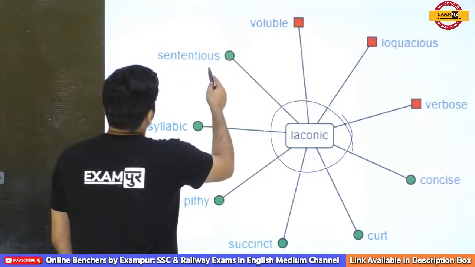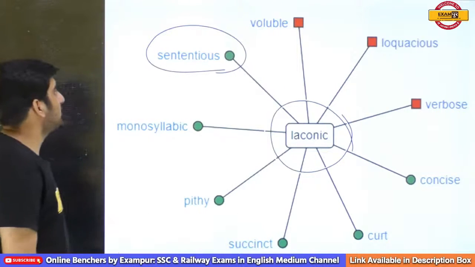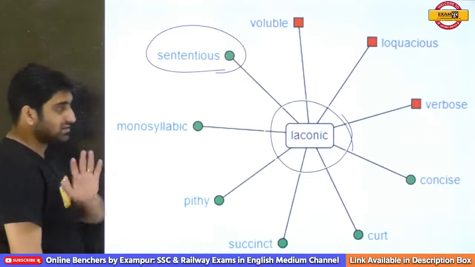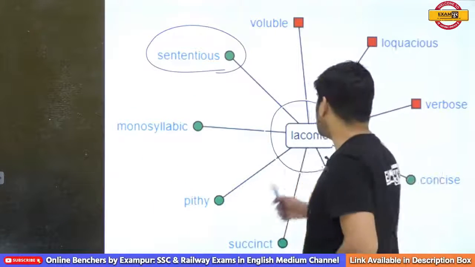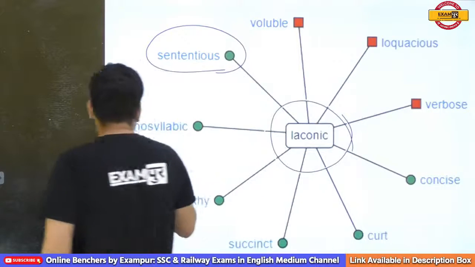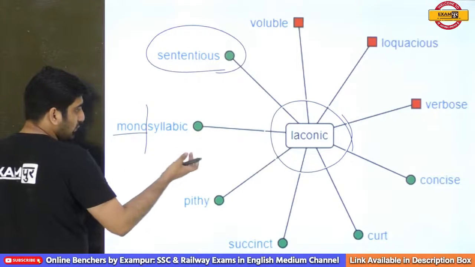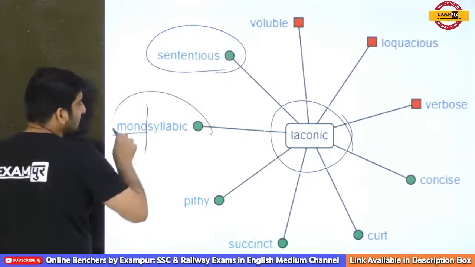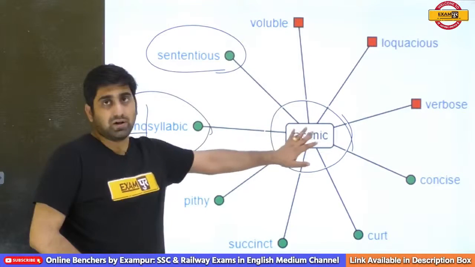For example, someone who is sententious, not sanctimonious, someone who speaks less, that is laconic because he speaks fewer sentences. Mono means one, syllable means word. So one who speaks, talks or answers in one word only is laconic.